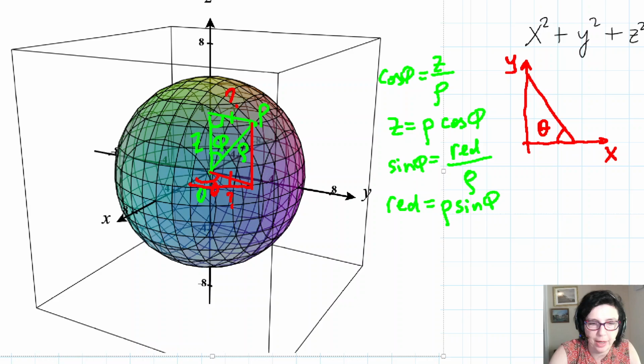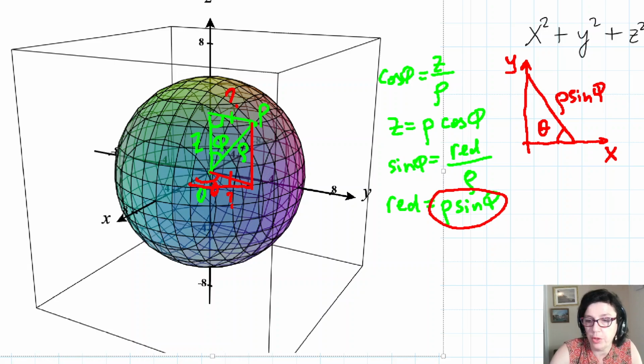Well, if we knew the hypotenuse, but the hypotenuse is the red side. This is rho sine phi right there. Then we know that x equals hypotenuse multiplied by cosine of theta. So this is going to be rho sine phi cosine theta. And y is going to be rho sine phi sine theta.